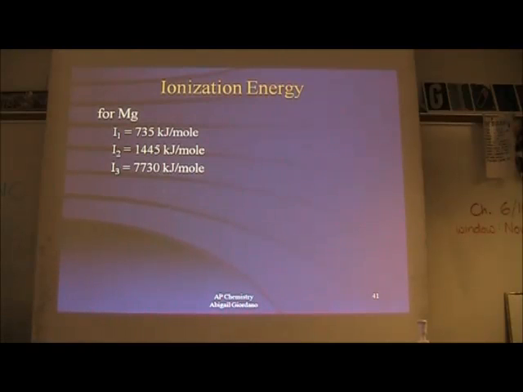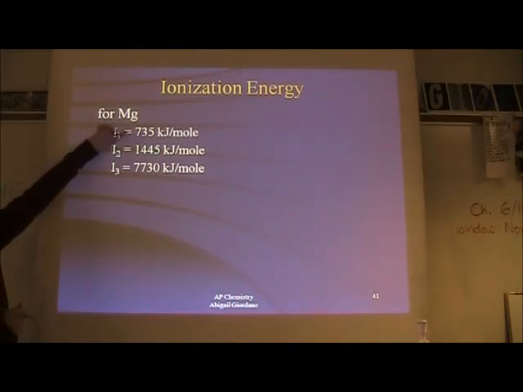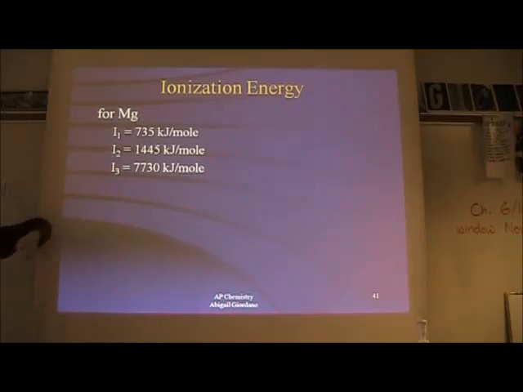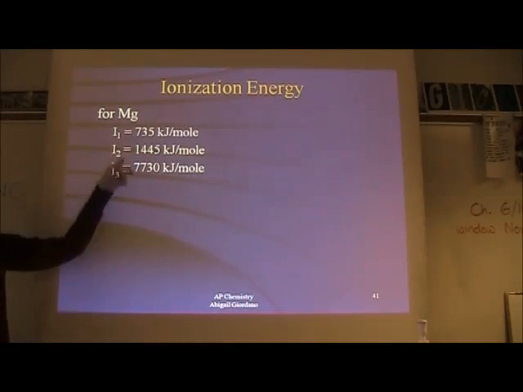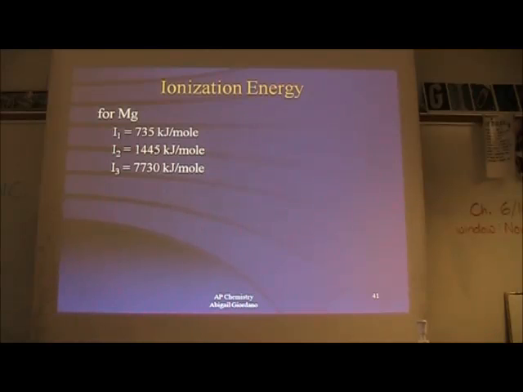Okay? There are two things to notice here. Number one, did you all notice, just like what I said on the previous slide, that each number is progressively getting larger? Do you see that? Why do you think that is? You've taken away one electron. Why does it take so much more to remove another, and then even more than that to remove a third?